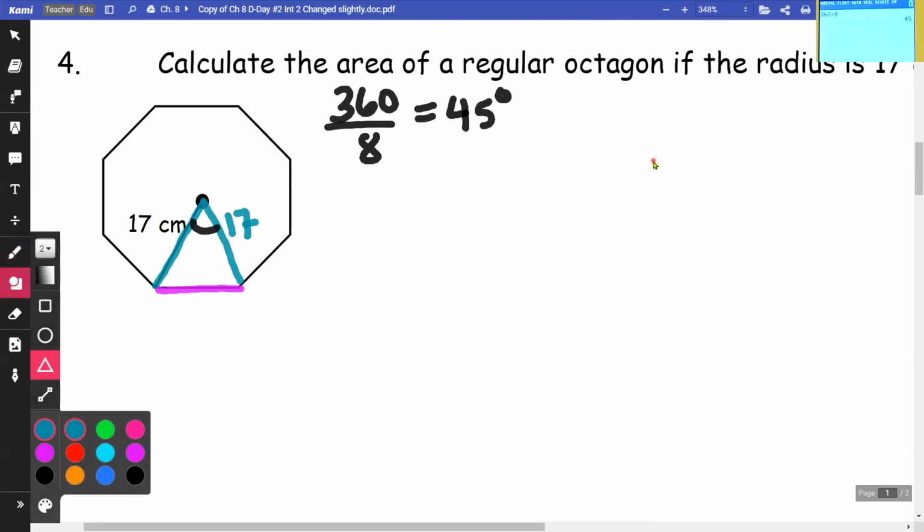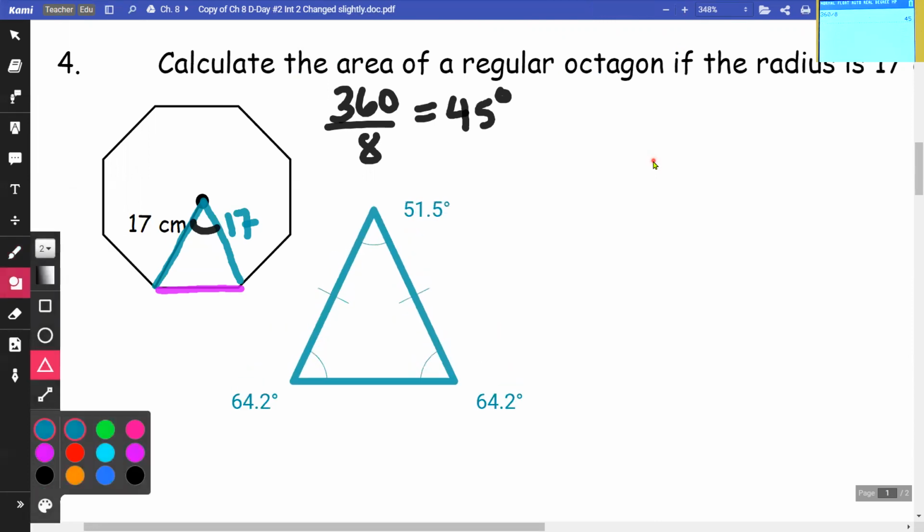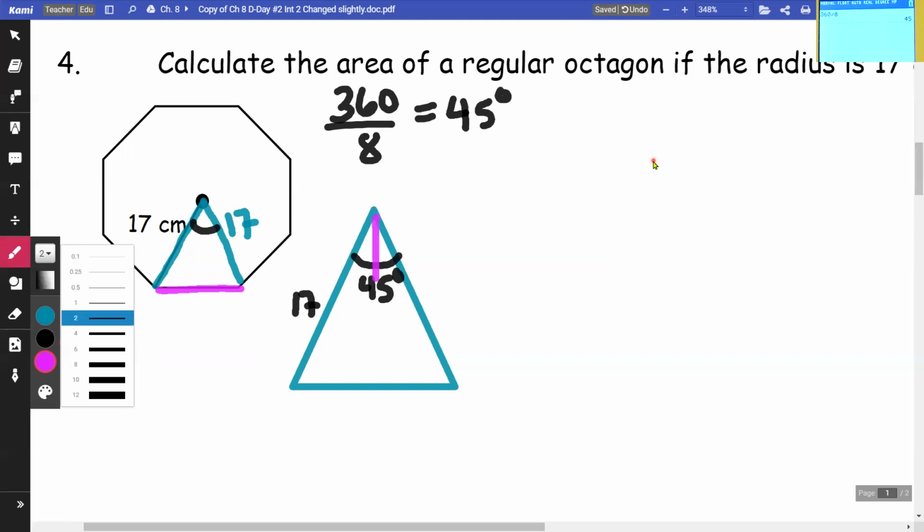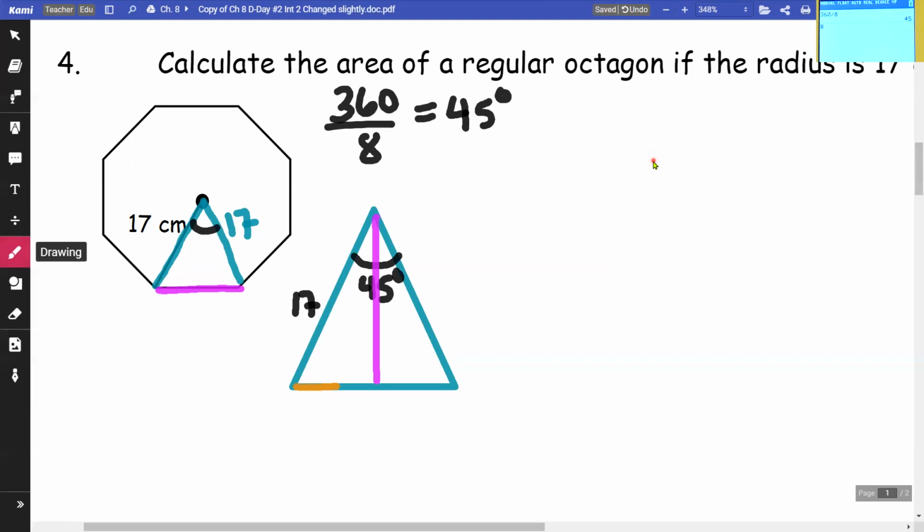So when I take that triangle, and again, this right here is 45 degrees, with this being 17, I need to find this height and I need to find this whole base. So I am going to take half of 45, which is 22.5.